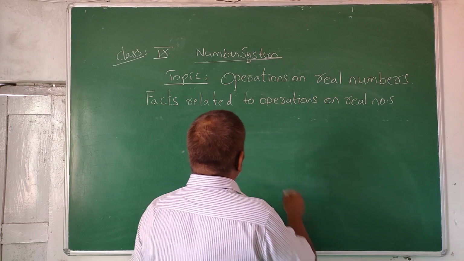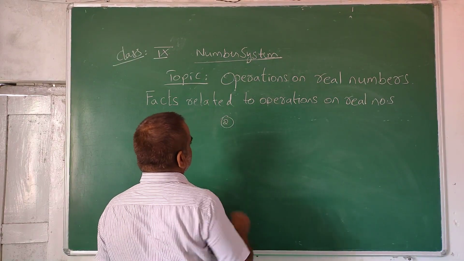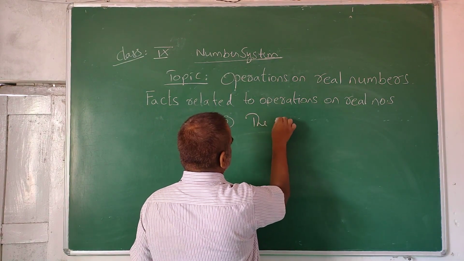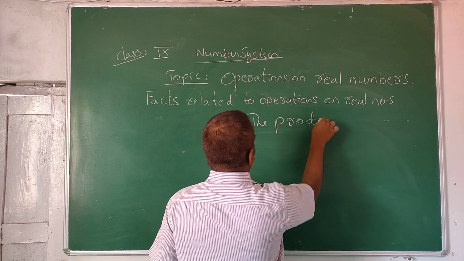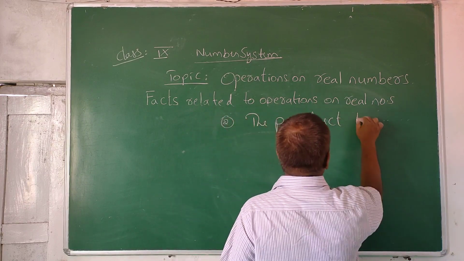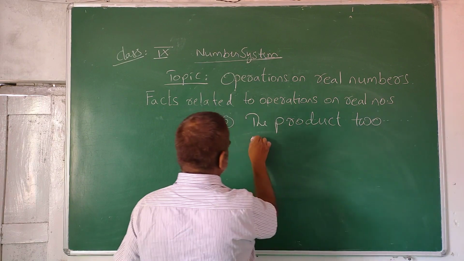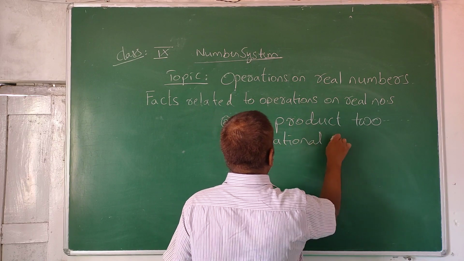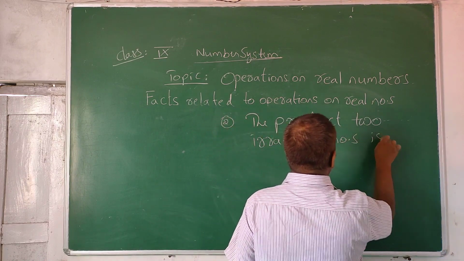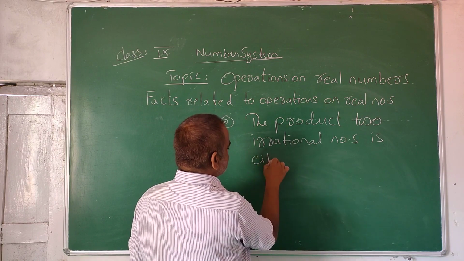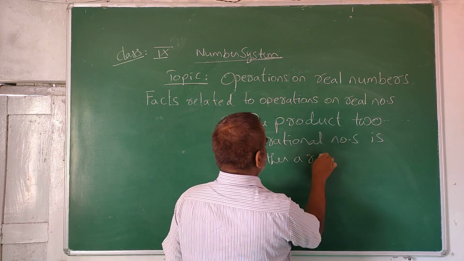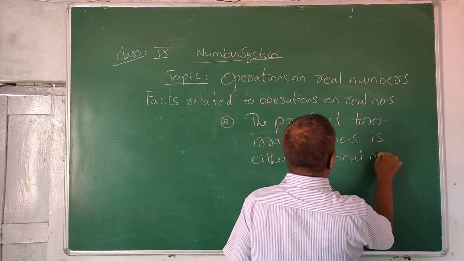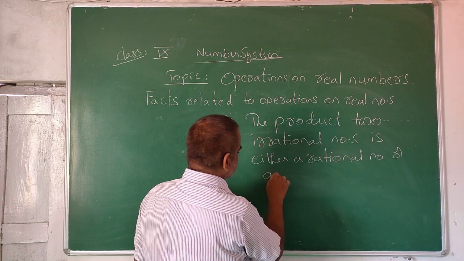So coming to the next fact, the product of two irrational numbers is either a rational number or an irrational number.